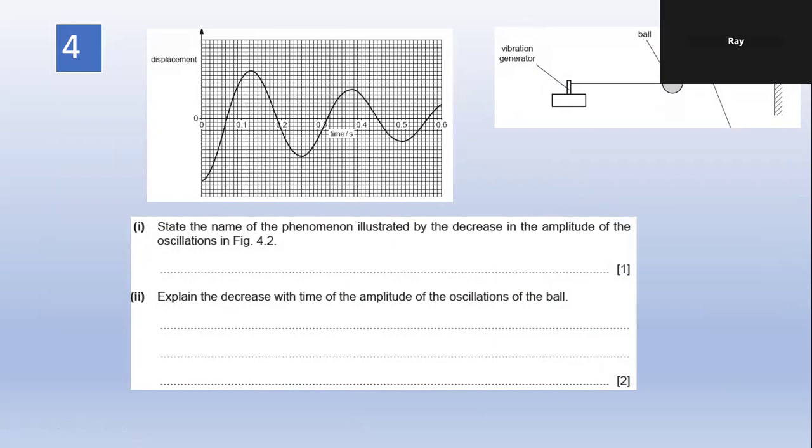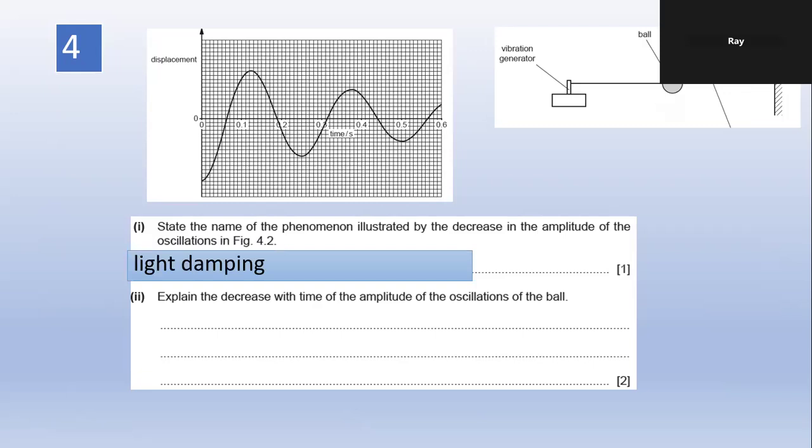I think it's light damping, because the amplitude decreases slowly over many oscillations. Critical only shows this part. With heavy damping, it doesn't touch the line, or it will take a long time to touch the line.